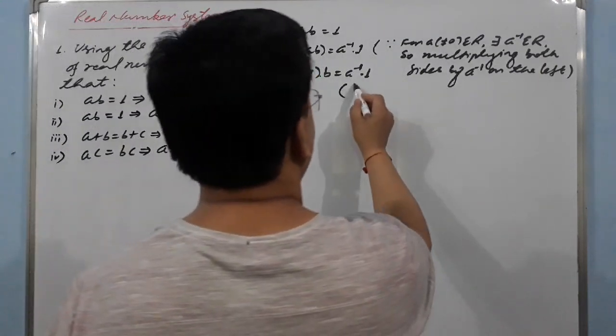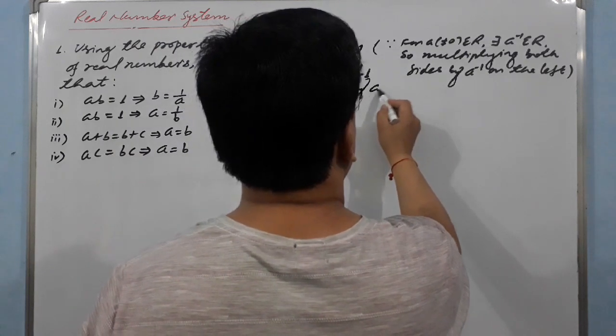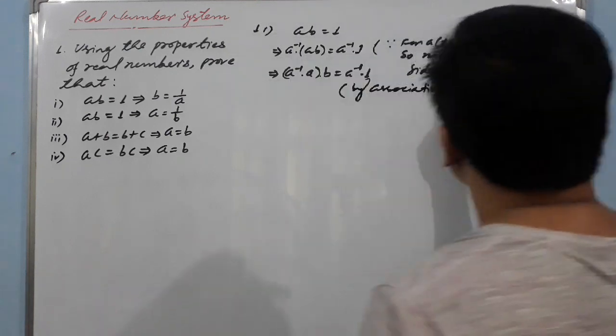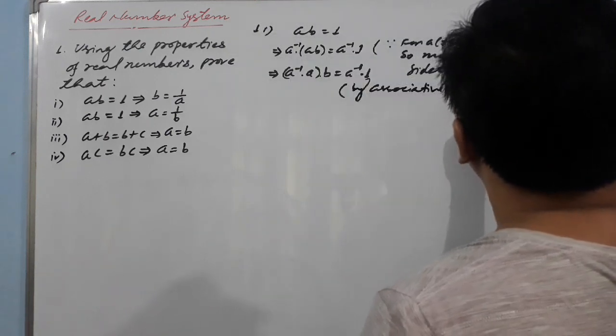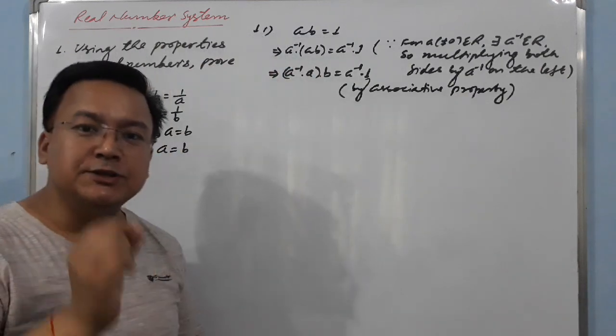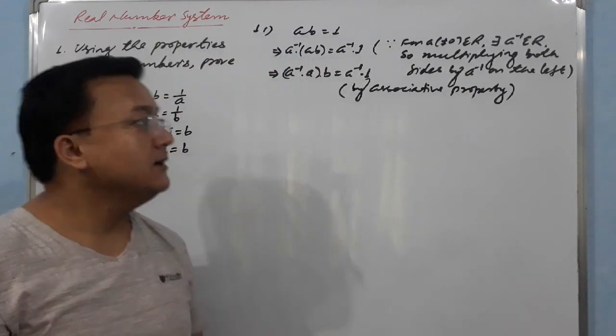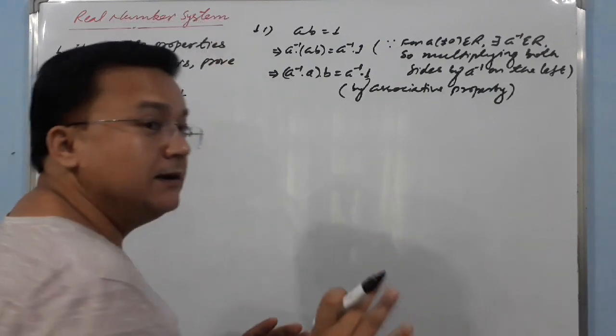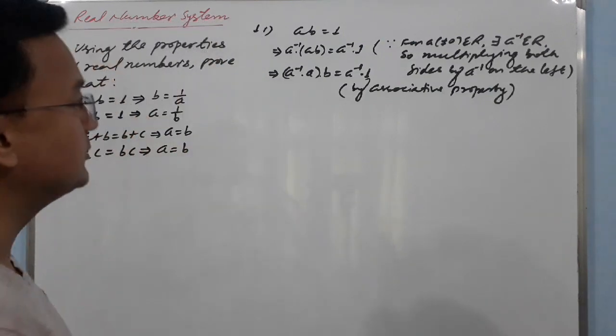By the associative property of real numbers. Associativity is satisfied by the real numbers. What is associativity?